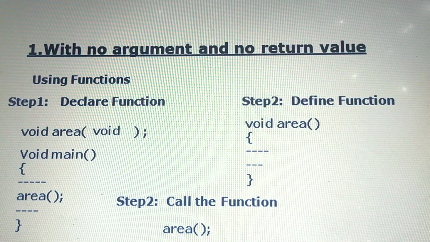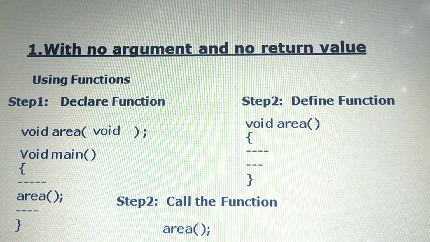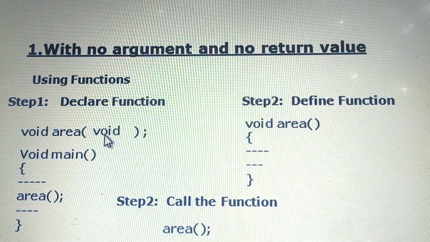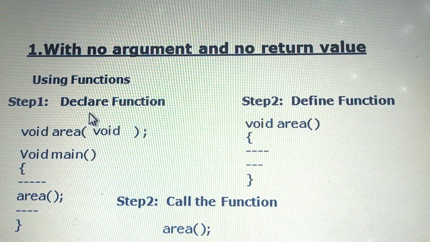So better to use void instead of leaving it blank. It is not compulsory, but it is very useful. In practice, you will come to know the advantage of using void within the brackets. Then terminate with a semicolon. This is the general format for the declaration.